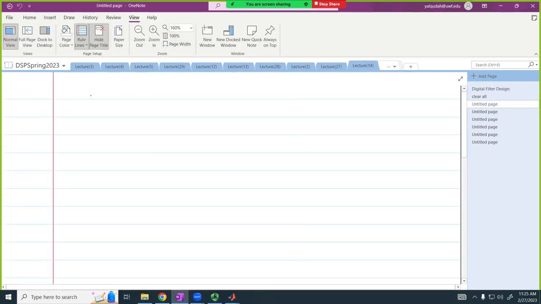So we're going to see what happens if the sampling frequency is changed to 400 radian per second, which means T sampling is going to equal 2 pi divided by 400 seconds.